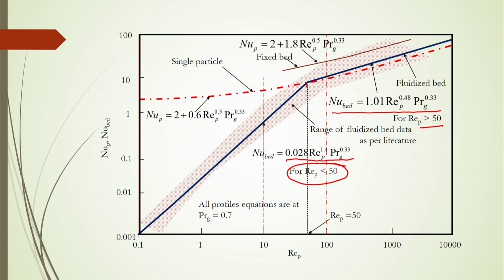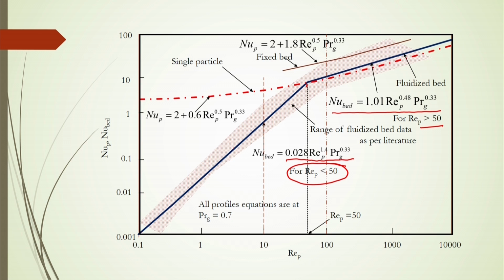One important aspect: for the single particle, the Nusselt number is represented by this red dotted line. For the single particle, up to a Reynolds number of 50, the single particle heat transfer coefficient is higher than in the fluidized bed condition.